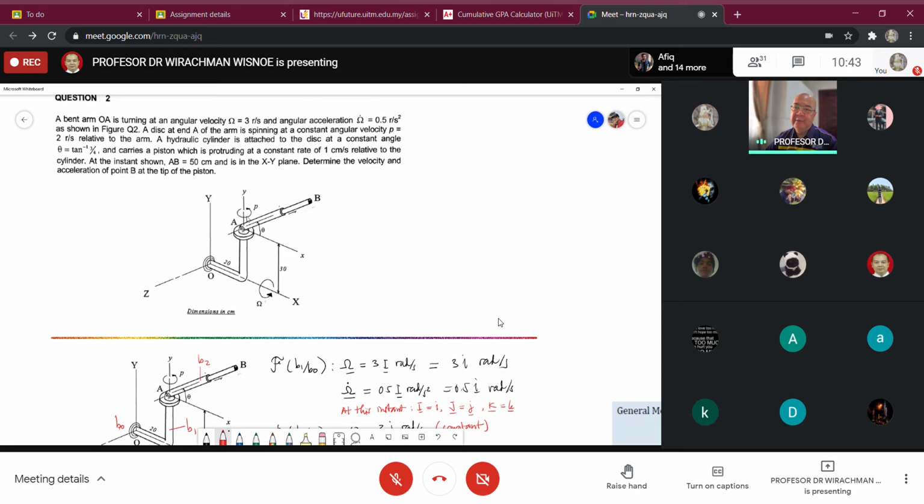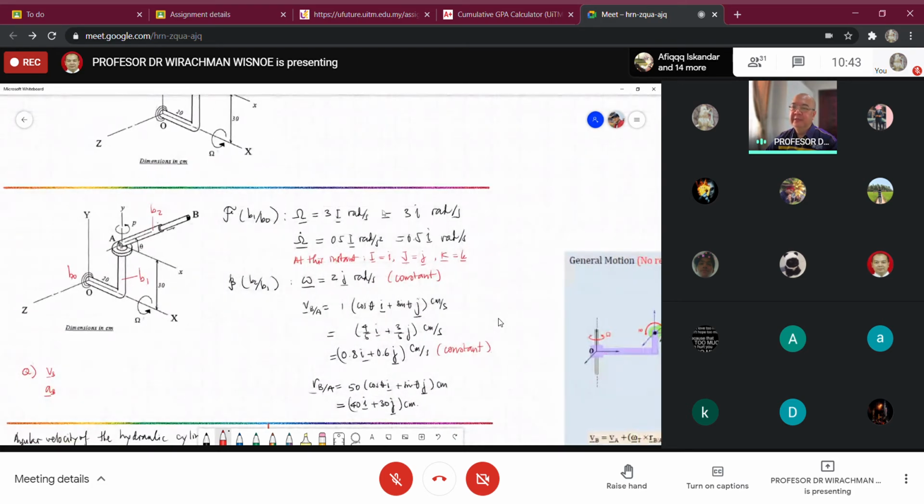So this angular velocity P is constant. This one will have no acceleration. So return back to this. You write what is the capital angular velocity with respect to the fixed axis, and then the acceleration also in the y-axis.